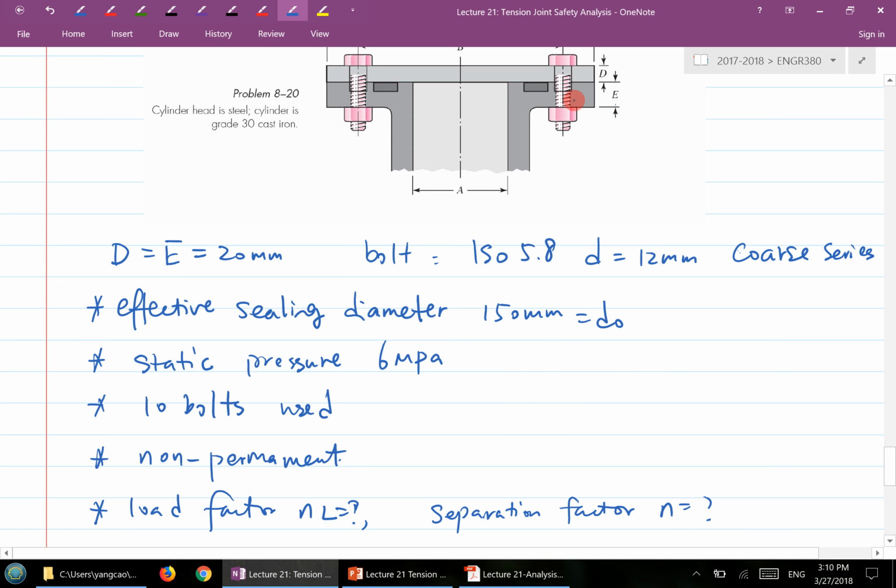But if the question specifically said there's a washer, then you have to find the washer's thickness first. In the previous lecture, I gave you some handouts with a whole bunch of tables that you will have to use for finding the washer stiffness and sometimes also the height of the nut.